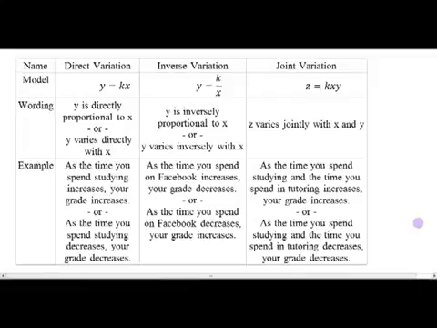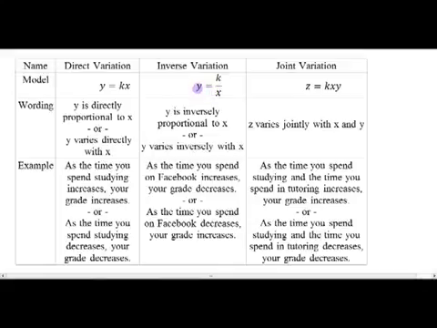Now we'll move into the different variation models. Basically, we'll have 3 different variation models: the direct variation model, inverse variation, and joint variation model. The equations for those are here. If we have direct variation, it's y equals k, which is our constant of proportionality, times x.